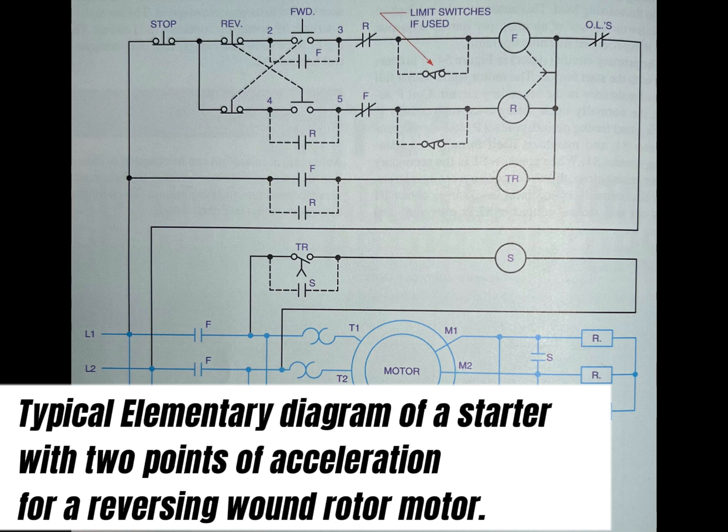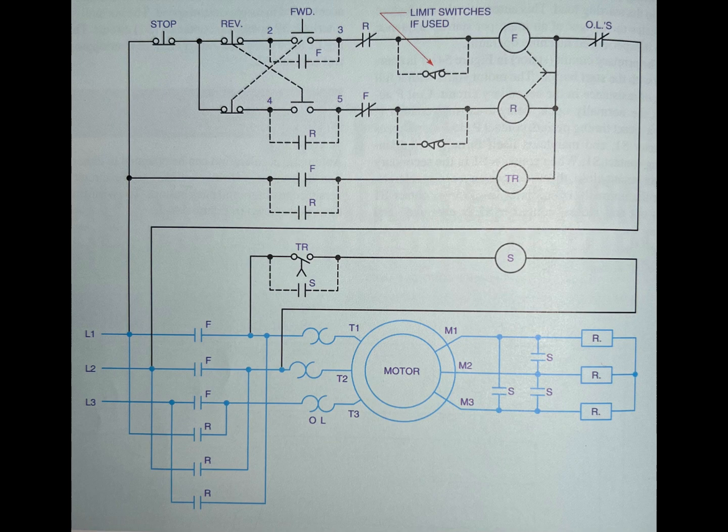Coil S is energized when contact TR times out and closes, and removes all of the resistors from the circuit to achieve maximum motor speed. The primary contactors are interlocked with the push buttons. Normally closed interlocking contacts are in F and R, and the mechanical devices.